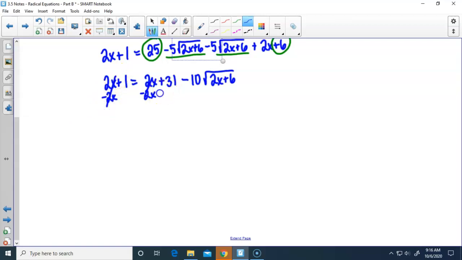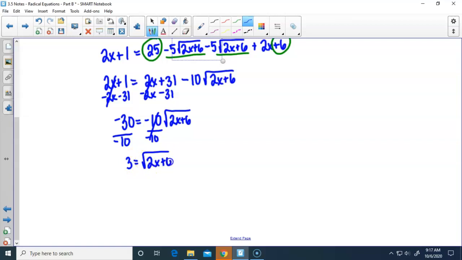So then I can subtract my 31, and I get negative 30 equals negative 10 square root of 2x plus 6. And now I'm down to a much more simple equation, so I'm just going to divide both sides by negative 10, and I'm going to get 3 equals the square root of 2x plus 6.